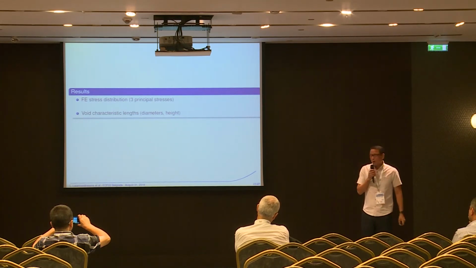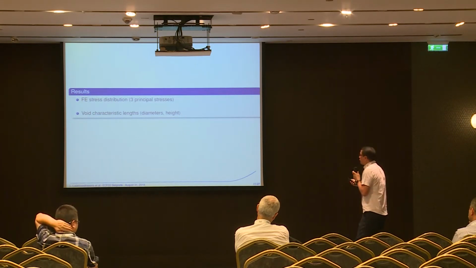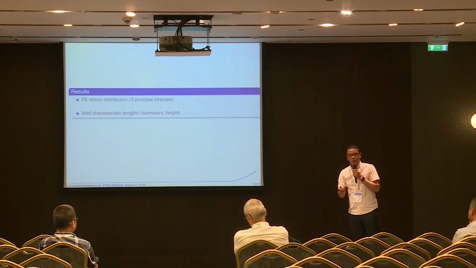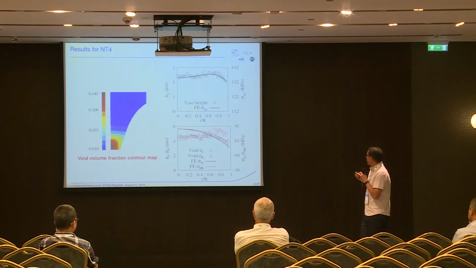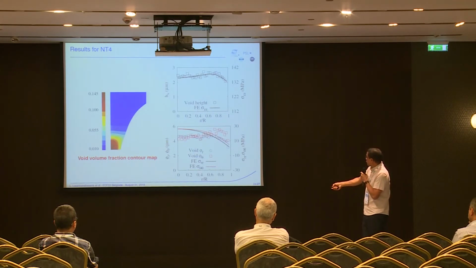In opposition to what is currently done in finite element analysis, which uses a unit cell in order to follow the shape of the voids, here we just compare directly the stress components to the void height and void diameter. So this is the control parameter of the damage.